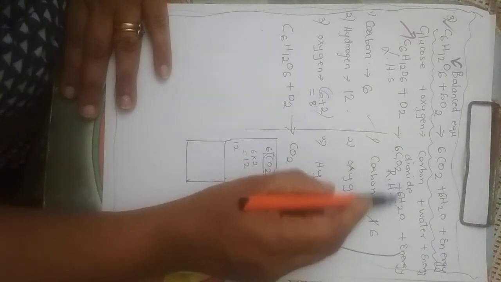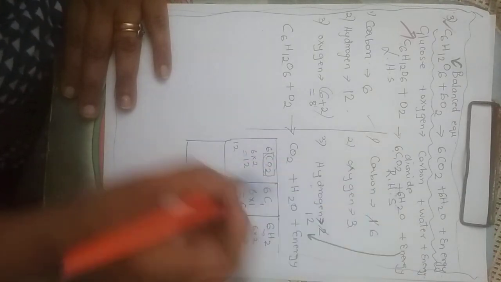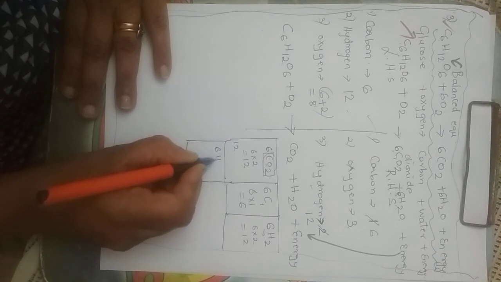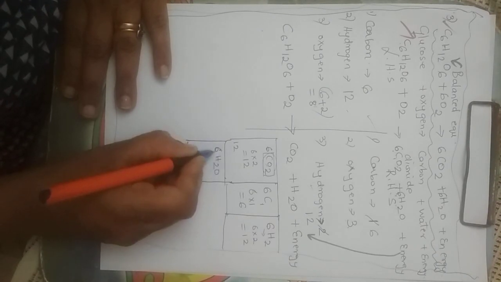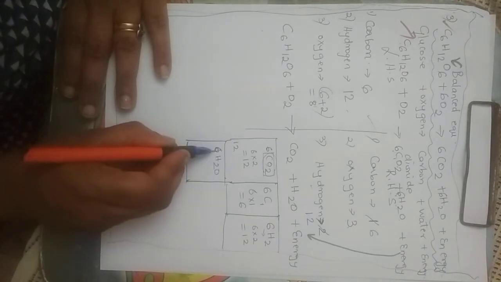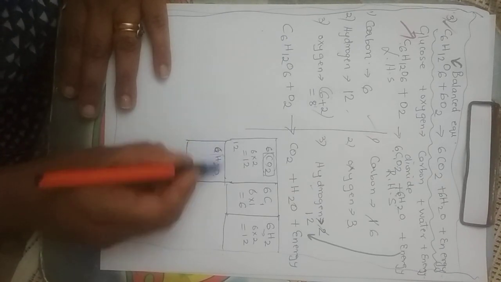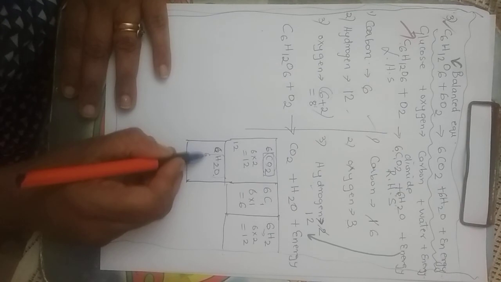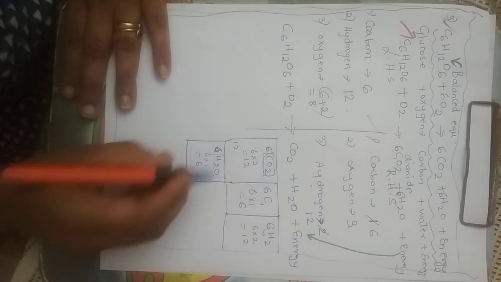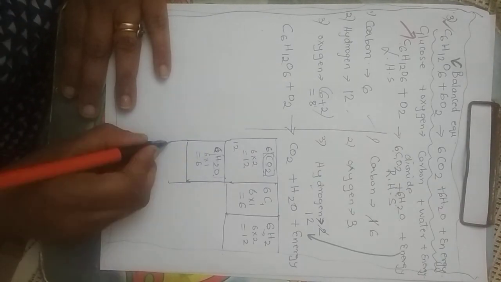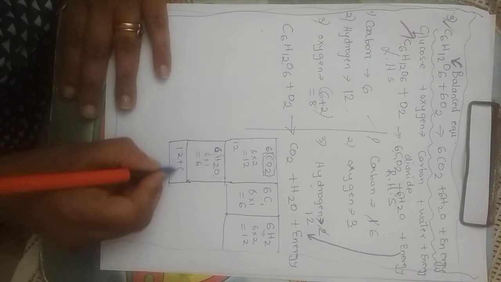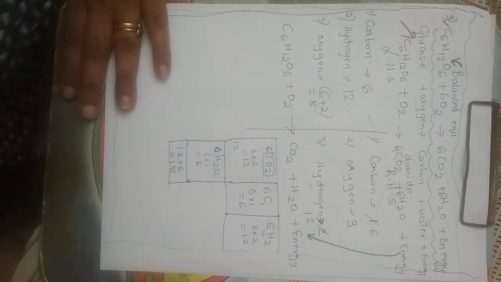Then here 6H2O. Don't forget, there's a 6 here, so this 6 gets multiplied here also. So it's 6 into 1, 6. So the total is what? 12 plus 6, 18.